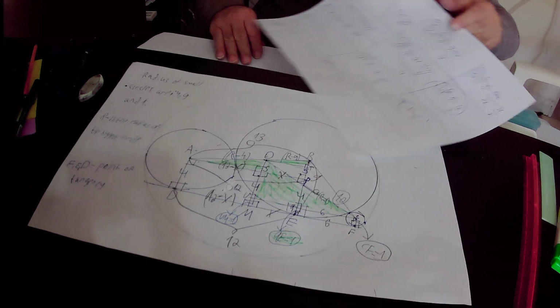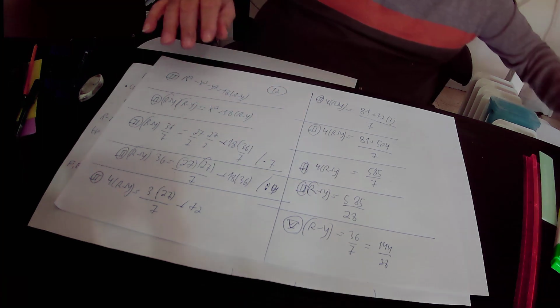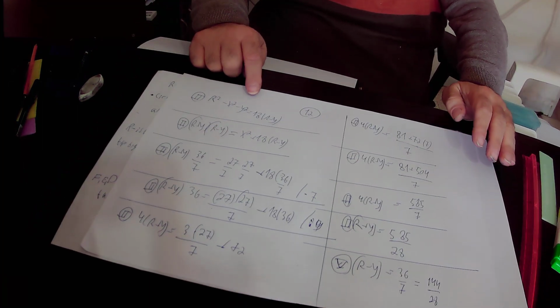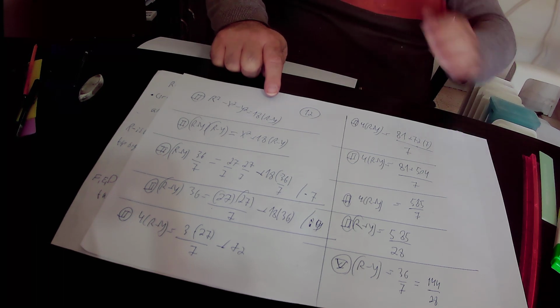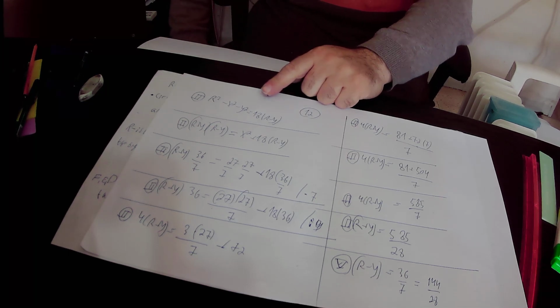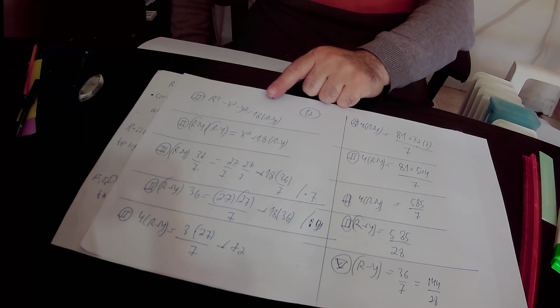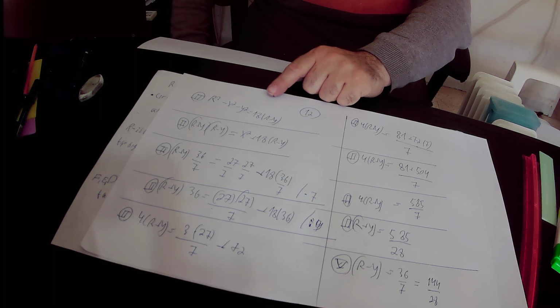Then, according to equation number 2, we've already found out that r squared minus x squared minus y squared equals 18 times r minus y. r squared minus y squared is equal to r plus y times r minus y, according to the algebraic identity that a squared minus b squared equals a plus b times a minus b.